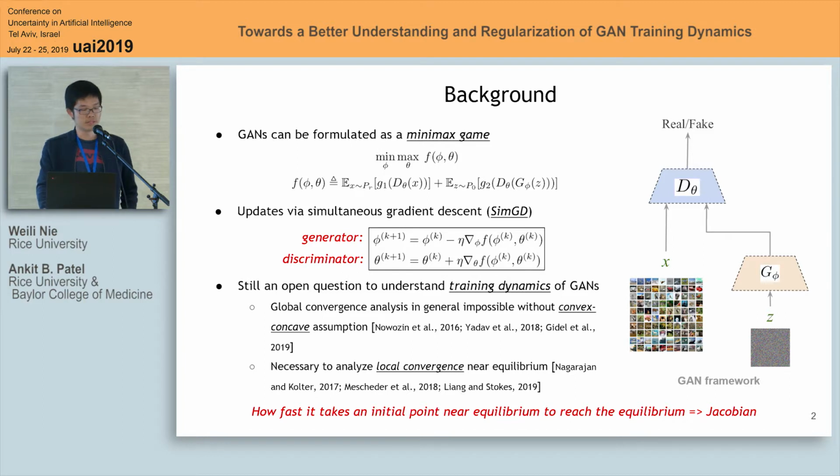By local convergence, we mean how fast it takes an initial point near equilibrium to reach the equilibrium point. In this work, we first analyze the Jacobian properties and try to see how they impact the training dynamics.